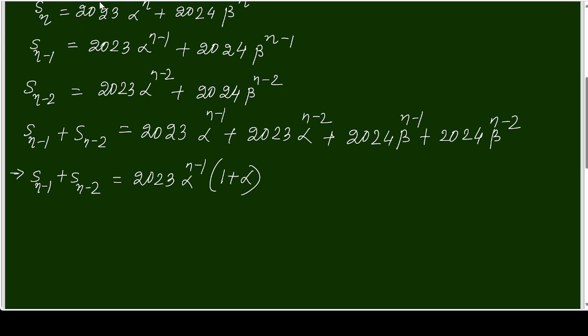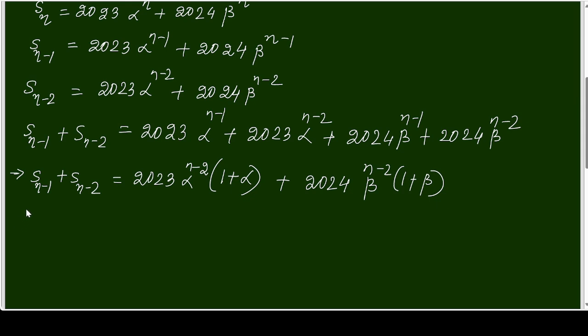The same way, 2024, I'll take beta to the power n minus 2 terms, I'll get 1 plus beta.